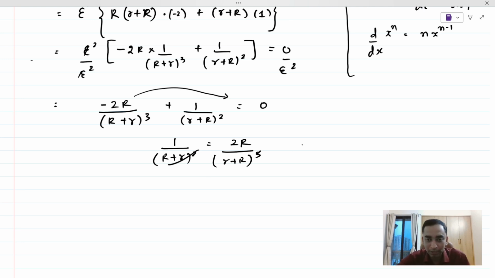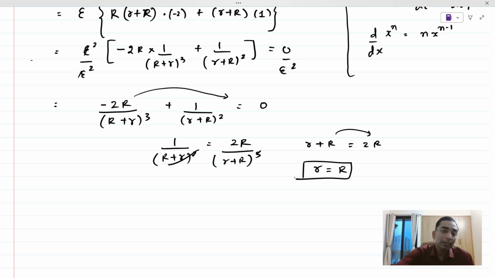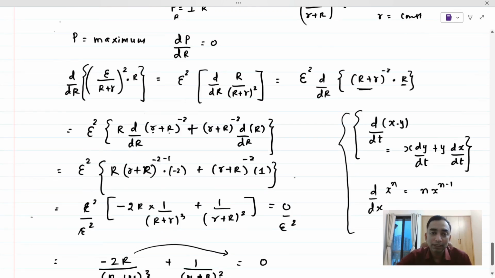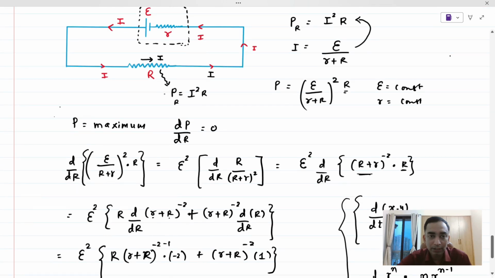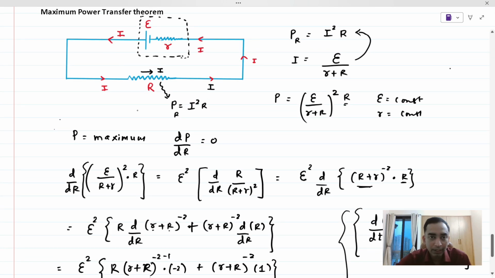On cross multiplying, I'll get R plus r is equal to 2R, and shifting this R to the other side, I will get capital R equal to small r. So the ending statement is, when you keep the external resistance R equal to the internal resistance small r, you will get the maximum power across the load.